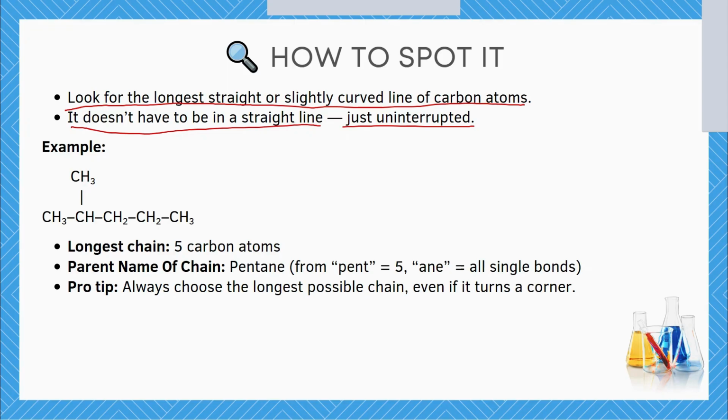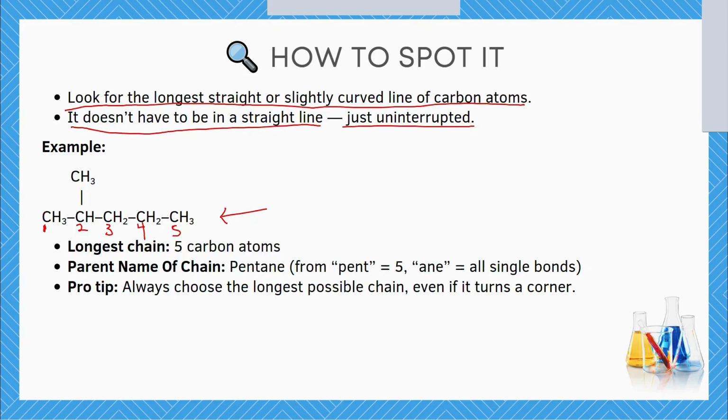Now, here is one example that I have over here. I have this molecule over here, and if I want to identify the longest continuous chain, there are two ways that I can do that. I can start counting from the left-hand side and give this one over here carbon number 1, carbon number 2, carbon number 3, carbon number 4, and carbon number 5.